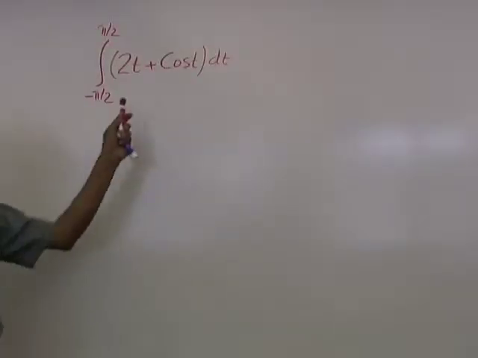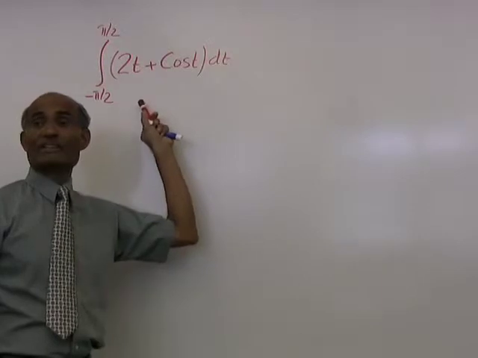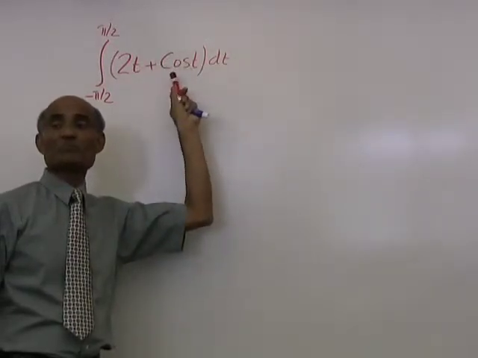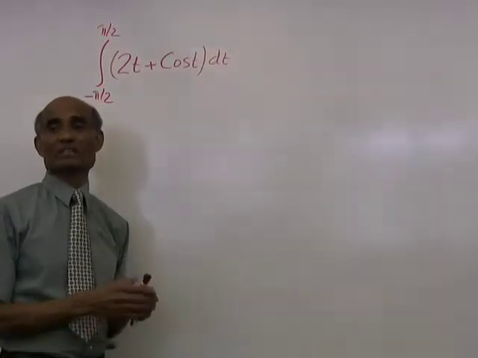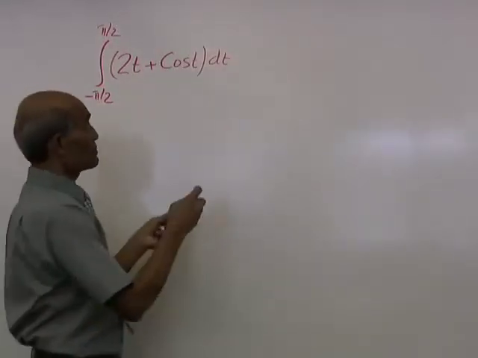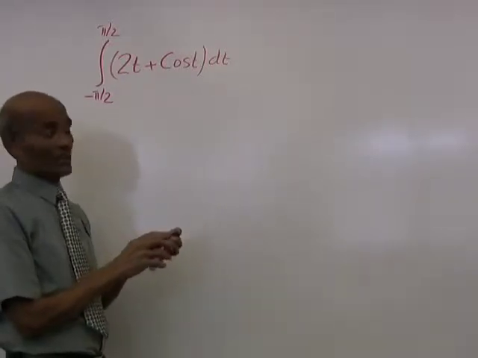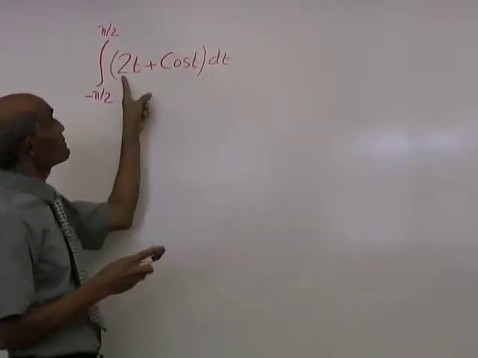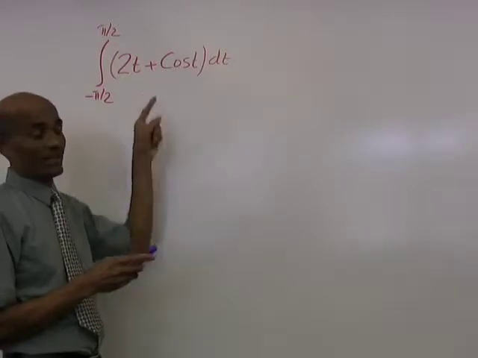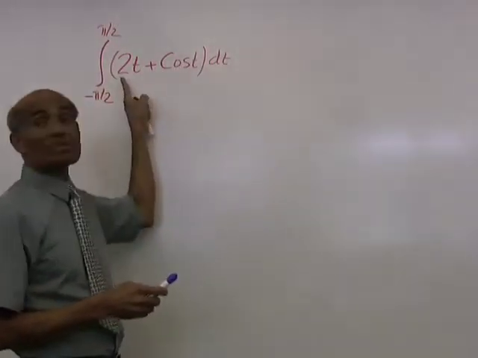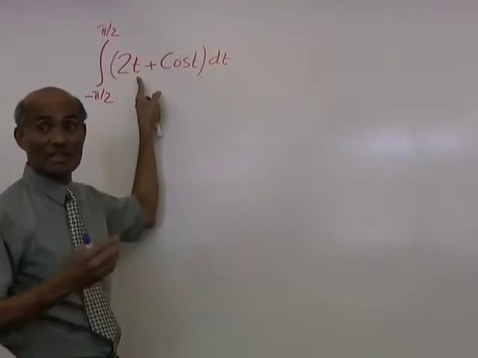Alright, let's try this now. Integral negative pi by 2 to pi by 2, 2t plus cos t dt. Well, the first thing to do is integrate the function. Tell me, what is integral of 2t? Integral of 2t is 2 times integral of t.